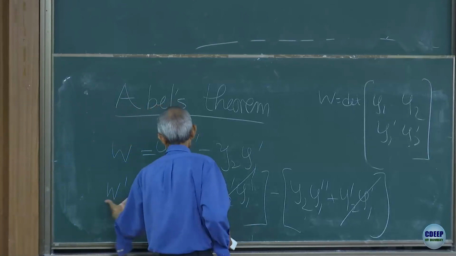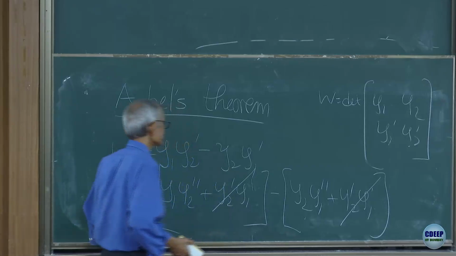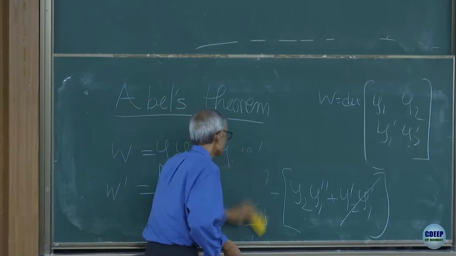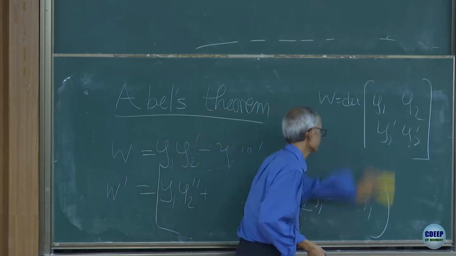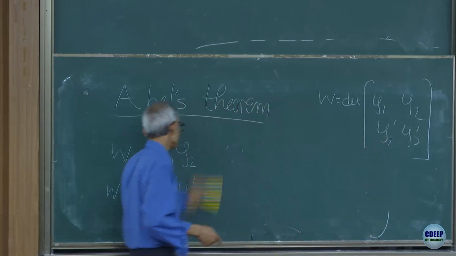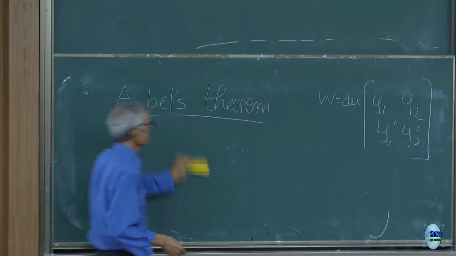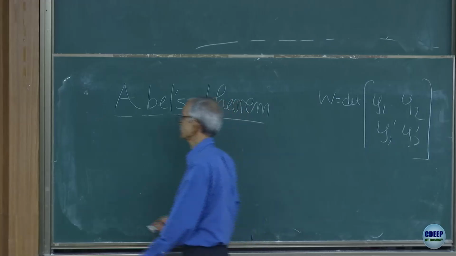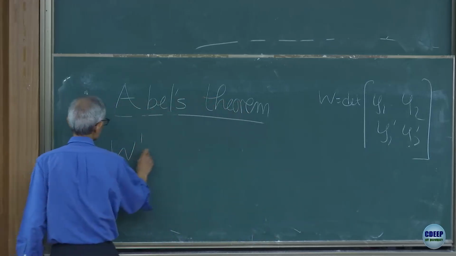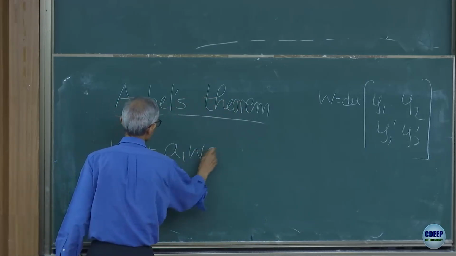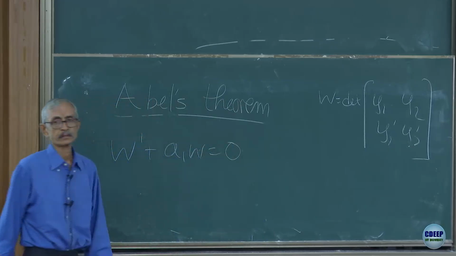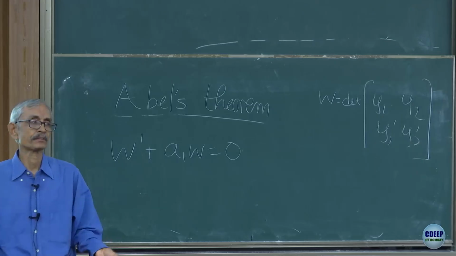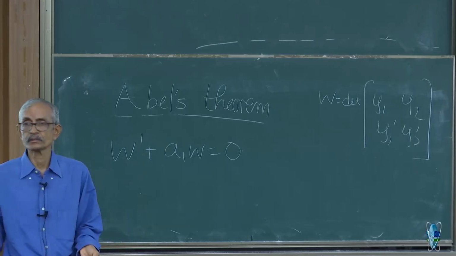So W prime, the derivative of the Wronskian, is this expression: y1 y2 double prime minus y2 y1 double prime. Abel's theorem said that the Wronskian is going to satisfy this equation. We'll plug the numbers in and see if it satisfies.